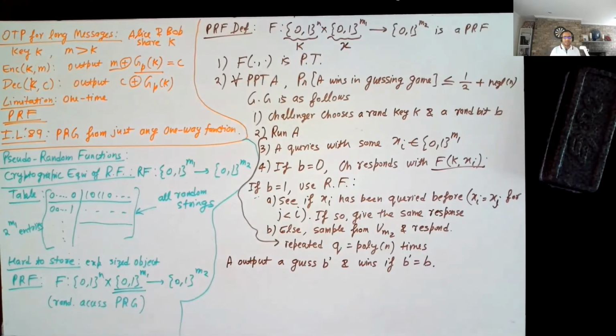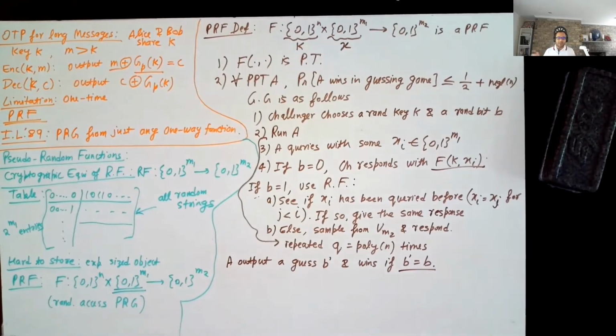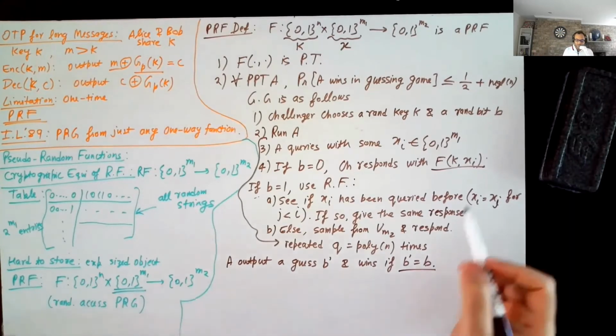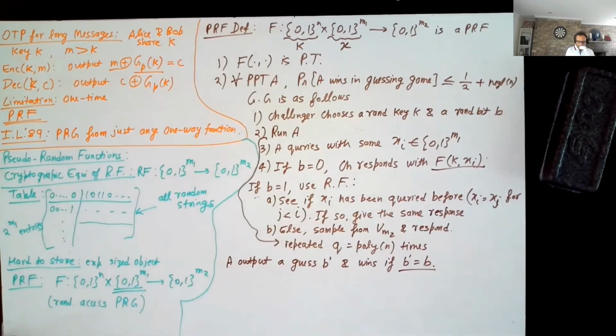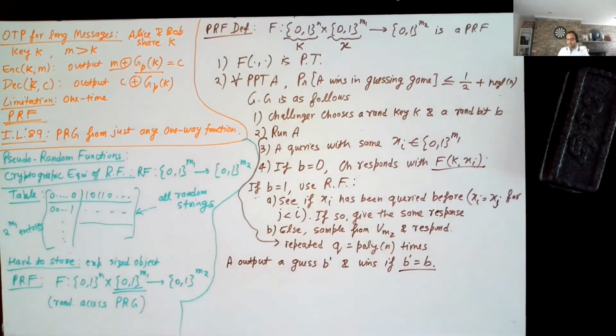All of these queries are either going to the PRF or going to a random function. And then at the end, A has to guess what it was interacting with. Of course, A can always win with probability half without making any queries. So what we need is the probability of A winning to be less than or equal to half plus negligible.